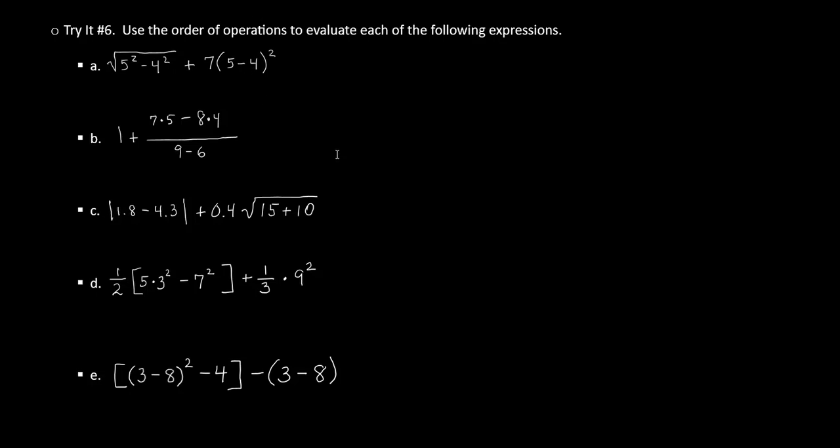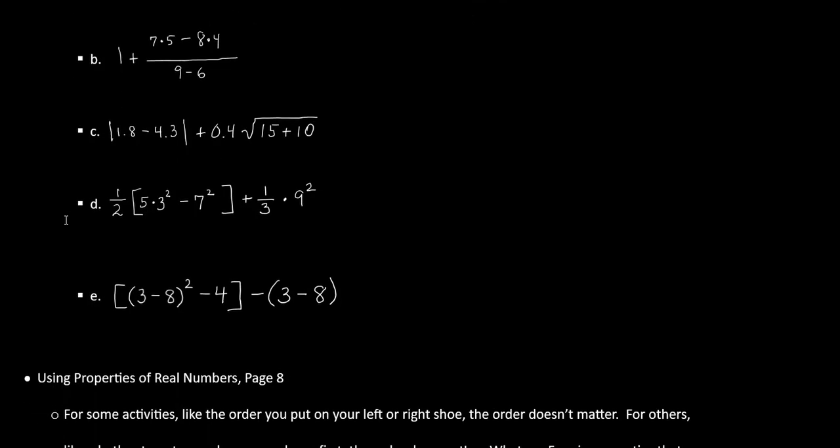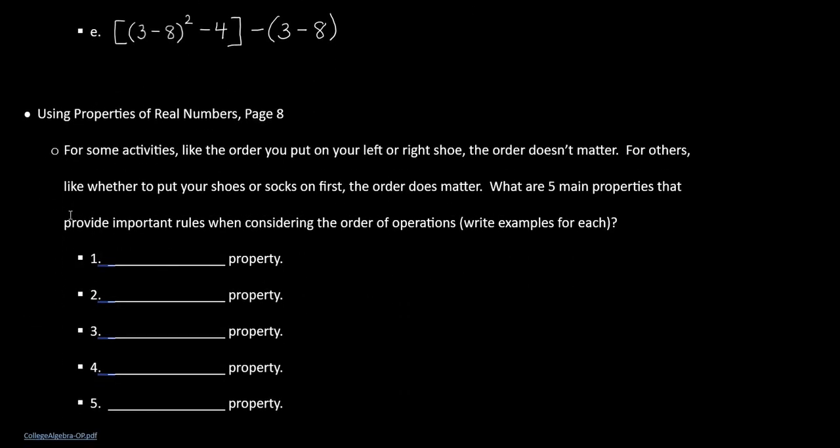All right, where we left off in the last session was try it number 6, using the order of operations to evaluate each of the following expressions, and we had gone through A through D, so we are on problem E now. And we had discussed, the P can stand for a grouping symbol, so we want to do what's in the brackets here before we subtract by what's in the parentheses here.